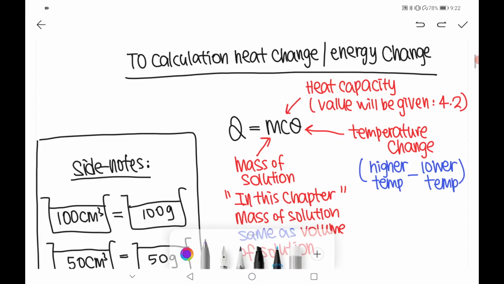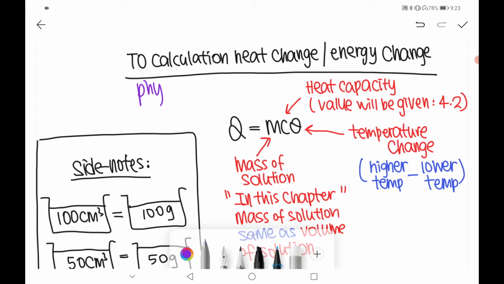Next, the last one is θ. θ stands for temperature change. The method to find temperature change in physics and chemistry is a little bit different.